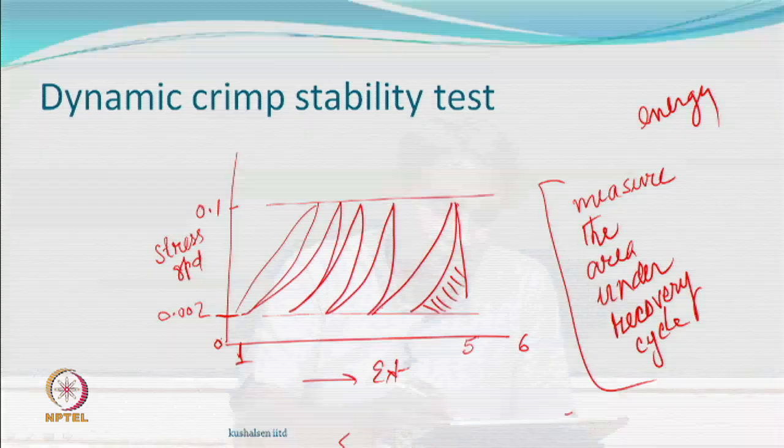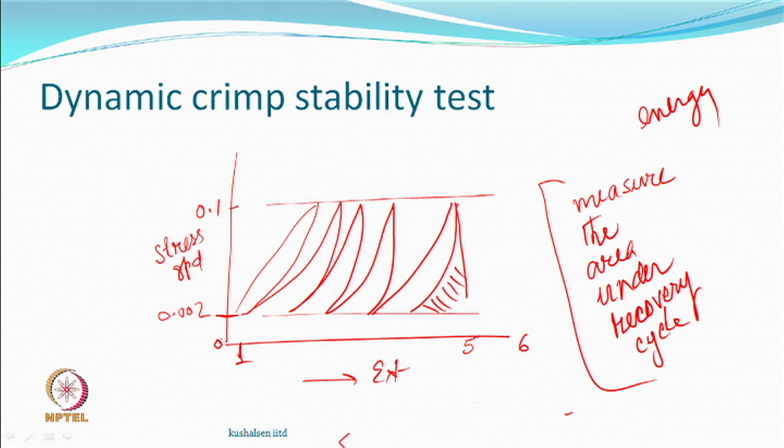All right. Here also, if the difference between the 5th cycle and the 1st cycle loss is less than 5%, you can still be satisfied, or if it is more than 10, you should be dissatisfied, and so there is a range you can work around. So, this is the dynamic crimp stability test.